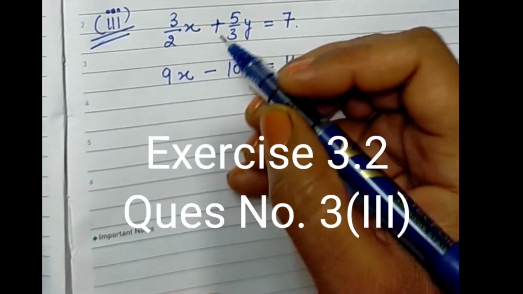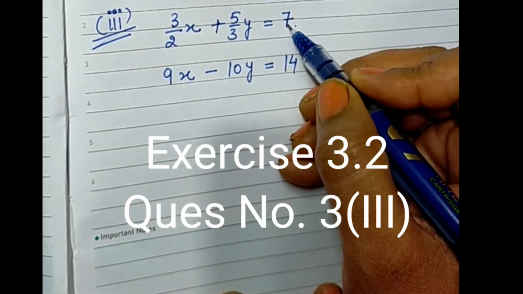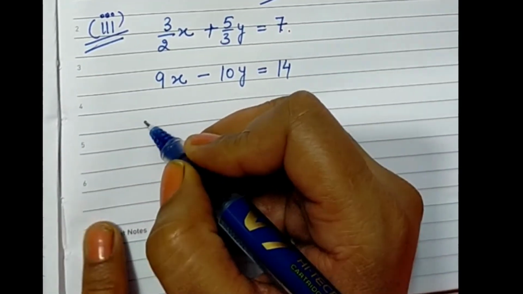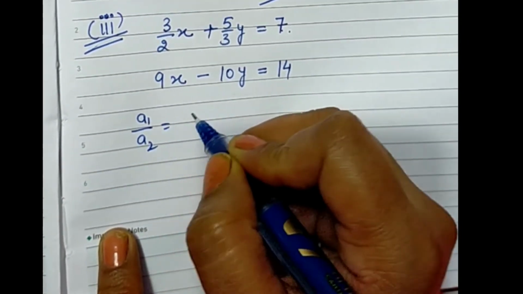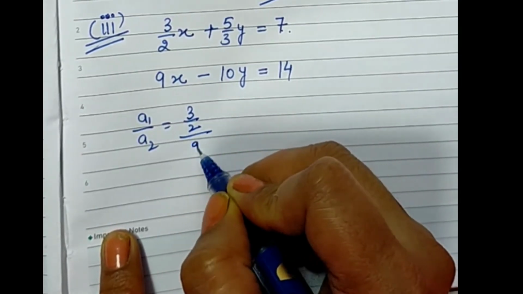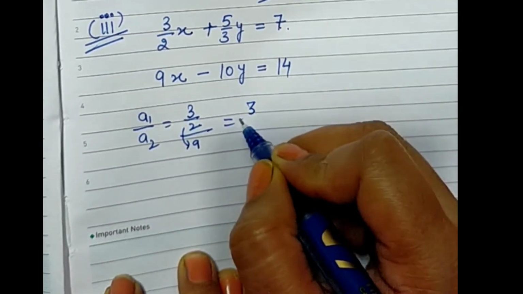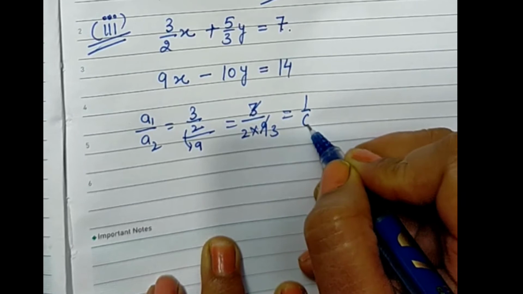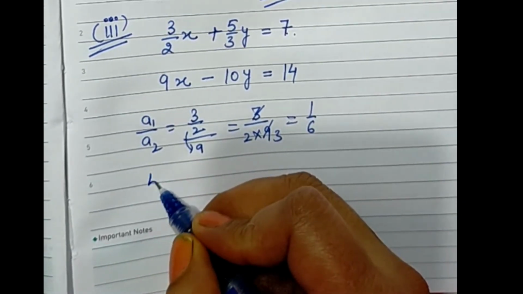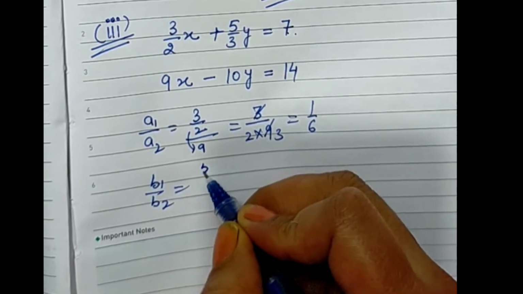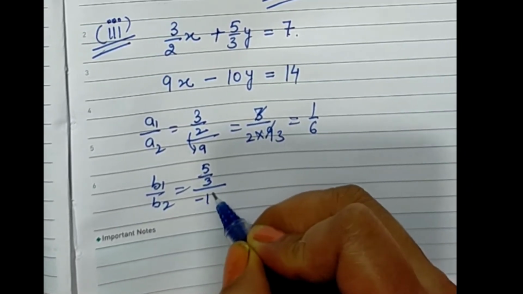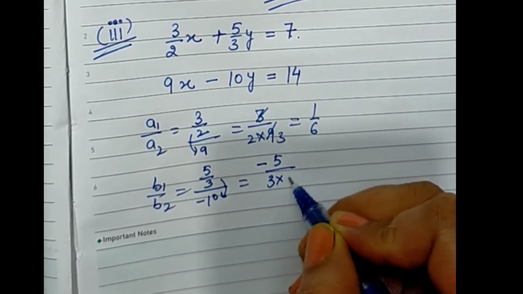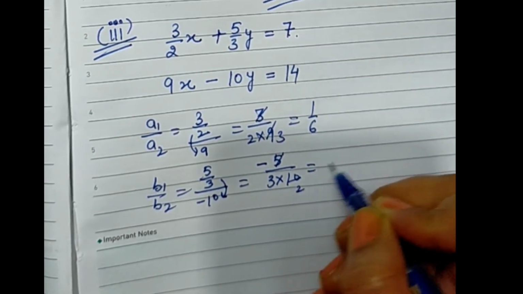Now the next part, 3 by 2 x plus 5 by 3 y is equal to 7, 9x minus 10y is equal to 14. So a1 over a2, this is 3 by 2 over 9. So this goes over that side, that means 3 by 2 into 9. What are we left with? 1 over 6. Then b1 over b2, that means 5 by 3 over minus 10. Again this 3 gets down, minus 5. So here we got minus 1 over 6.